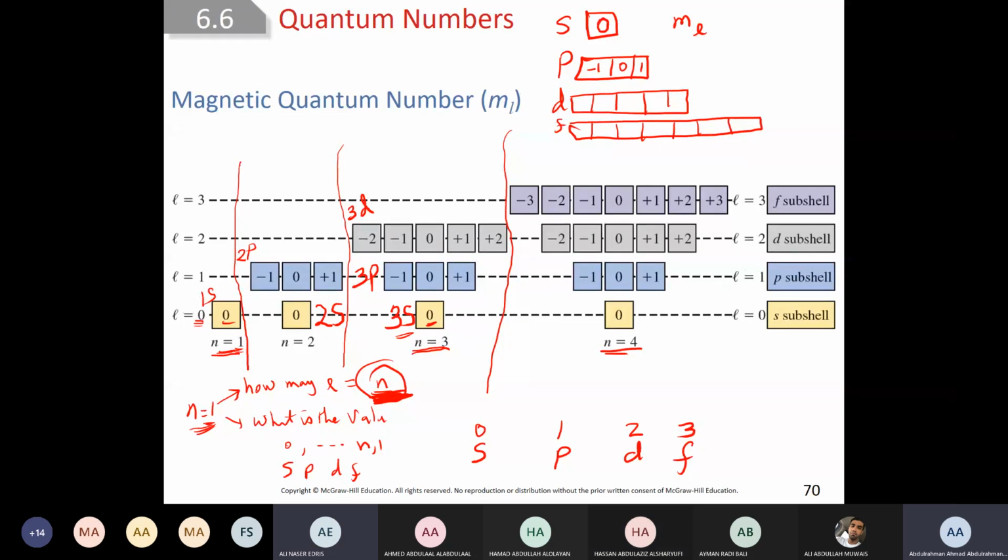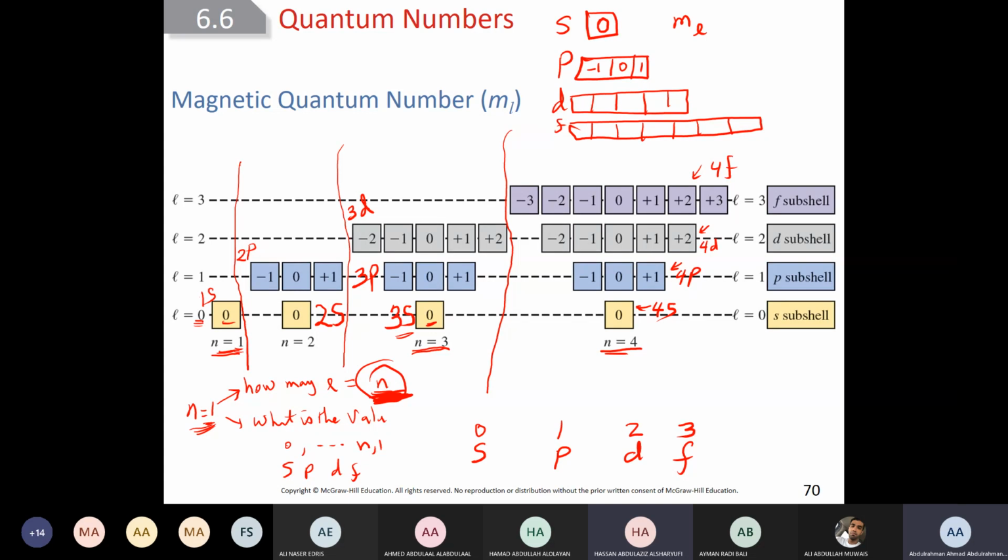S, P, D, F. What's the name of this orbital? 4s. 4p. 4d. And the last one? 4f.